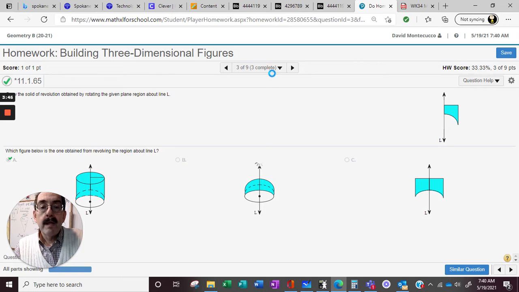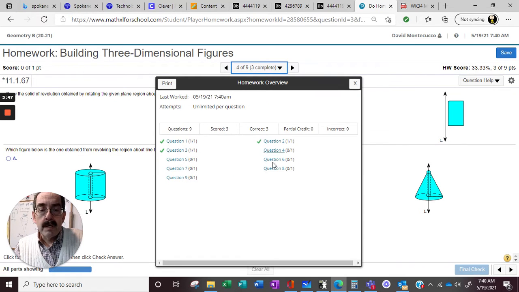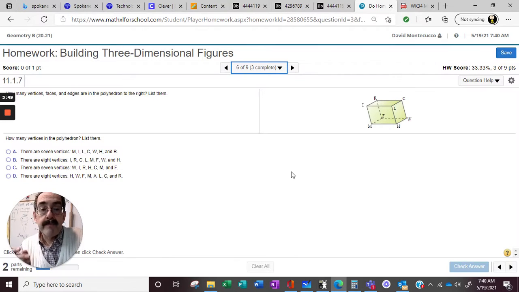Let's do one up here. How many vertices are in this figure? Corner points: 1, 2, 3, 4, 5, 6, 7, 8. There are 2 choices, so now we got to read them.